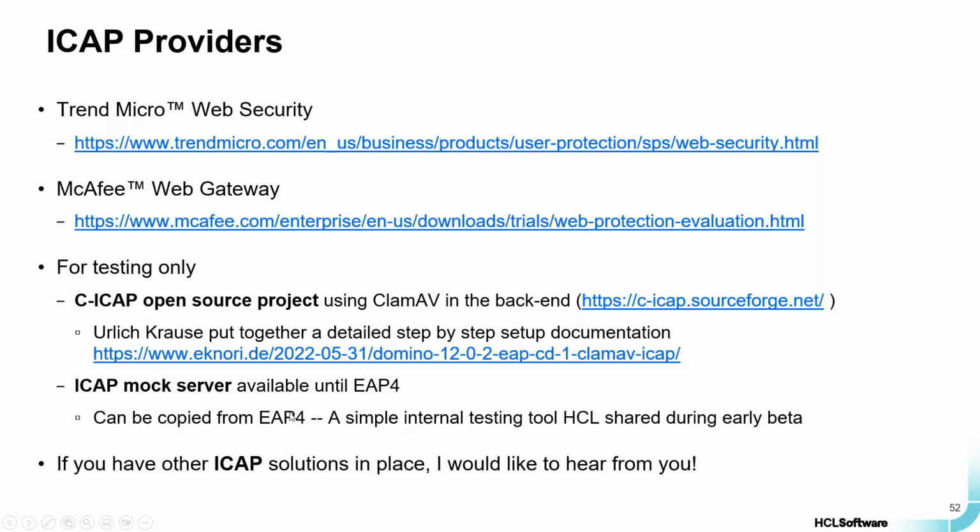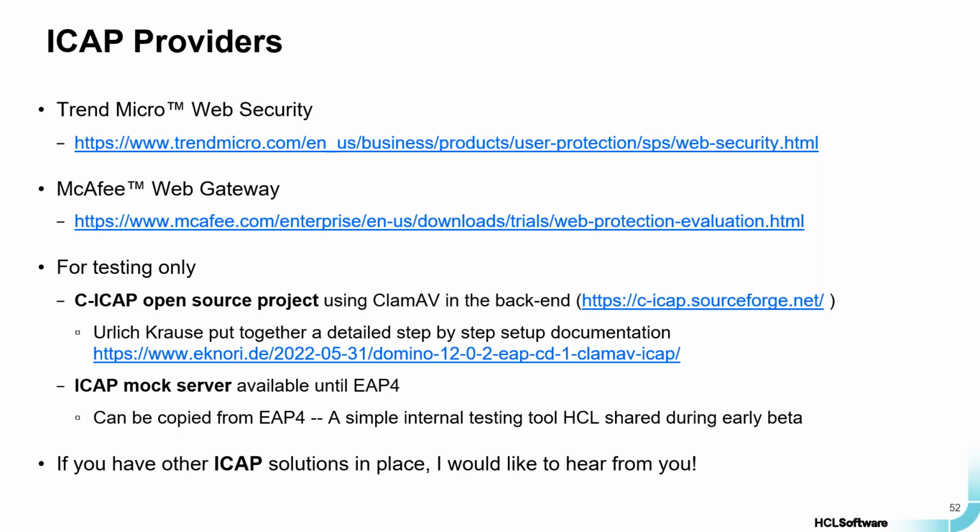We have been using the CICAP project, and Ulrich Krause put together a configuration for that, and we have been testing with that. And HCL has a very simple test server, the ICAP mock server, which I will demo really quickly for you.